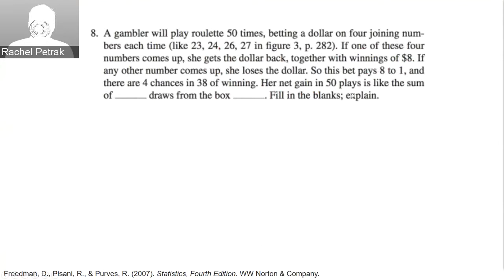Her net gain in 50 plays is like the sum of 50 draws from a box, right? Because this is our number of trials. She plays 50 times. And what does the box look like?